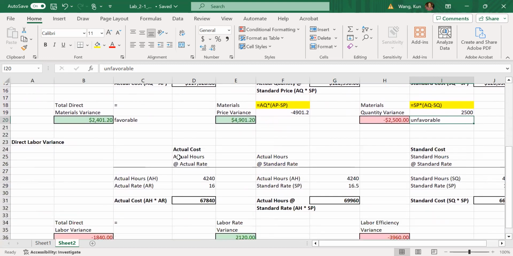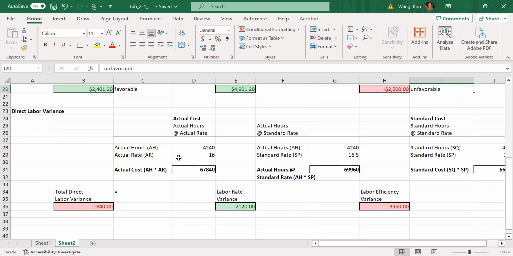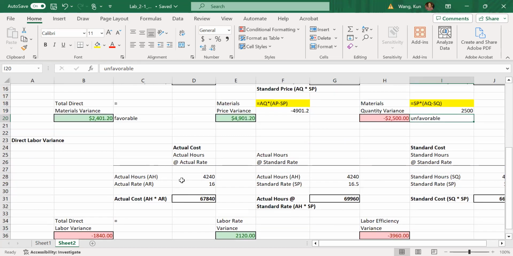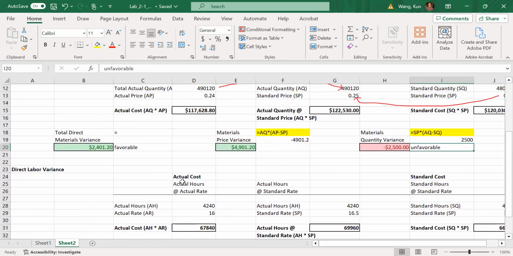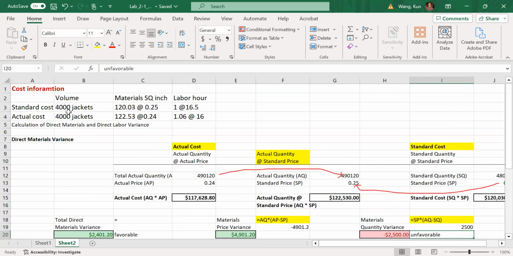Then for the direct labor variance, you just do a similar thing. Again, don't forget the labor hours and the actual hours. For standard hours, you need to use the total rather than per jacket. So the standard is 4,000 times 1, that's the total standard.